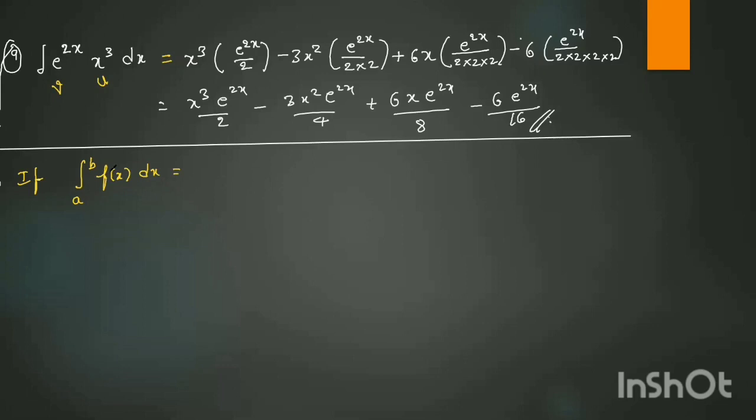For example, integration of f of x is capital F of x, because we don't know what the function is, we assume that integration of f of x is capital F of x, and limits a to b. Then we have to substitute b in place of x, so F of b, minus, in place of x, we need to substitute a, F of a. This is the answer.